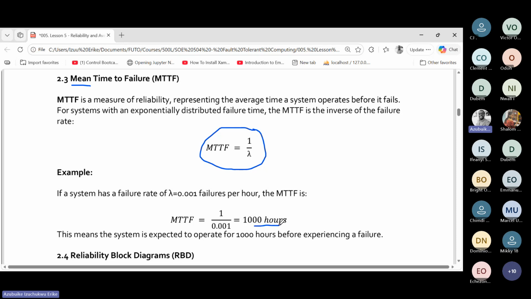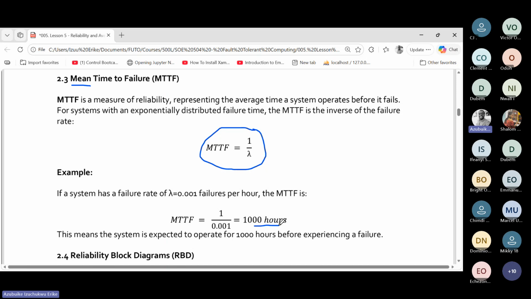So it means that when we start using the system, we expect the possibility of that system experiencing failure around 1,000 hours. Now, we are not saying exactly that the system is going to fail at 1,000 hours. What we are saying is that the average time that this system is going to work is perhaps going to be 1,000 hours.